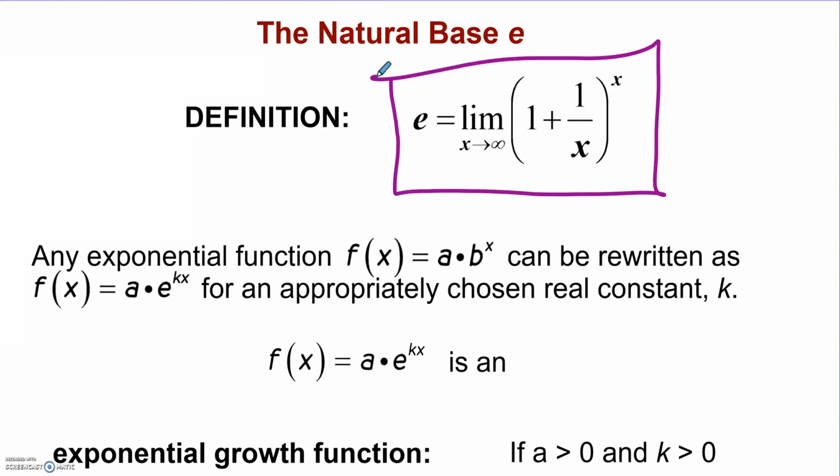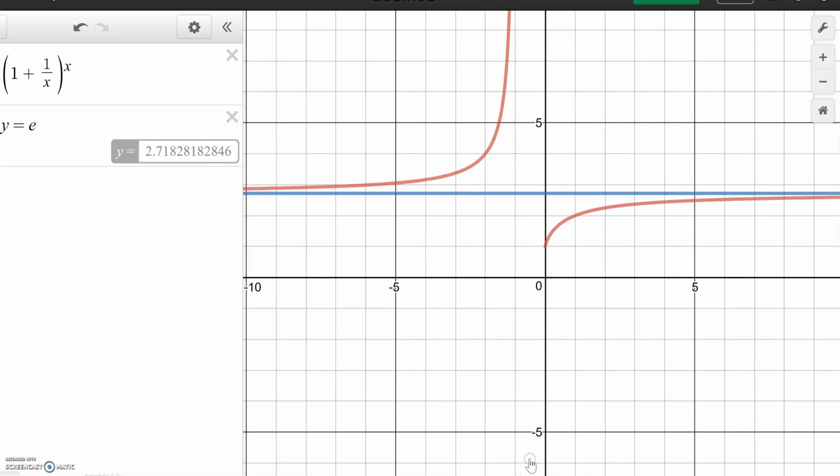Now, that may seem kind of strange, but let's look over here at this graph that I made for you. In this first function here that's in red, this is the graph of y equals 1 plus 1 over x to the x power.